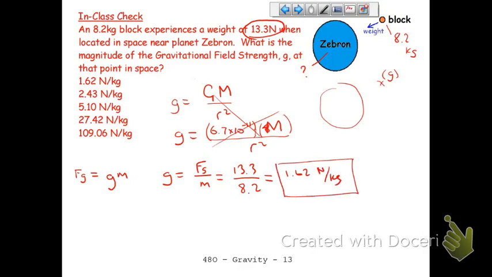And the nice thing about multiple choice is if I was really stuck, that would tell me to take something that has force in it and divide it by something that has mass in it. And it only gave you two things anyways.